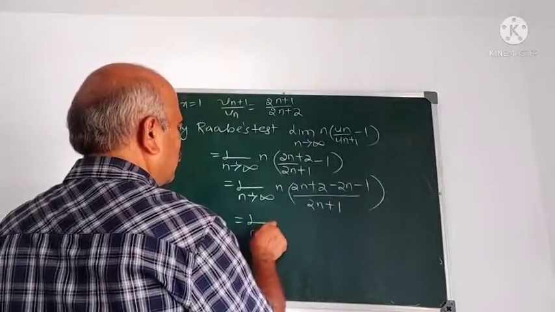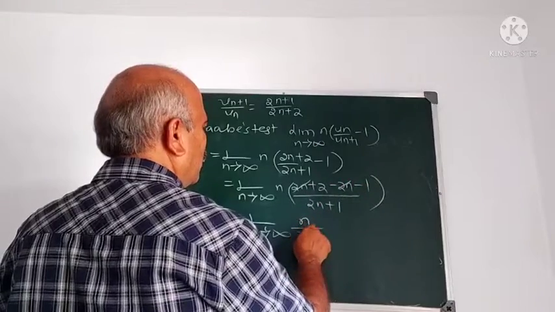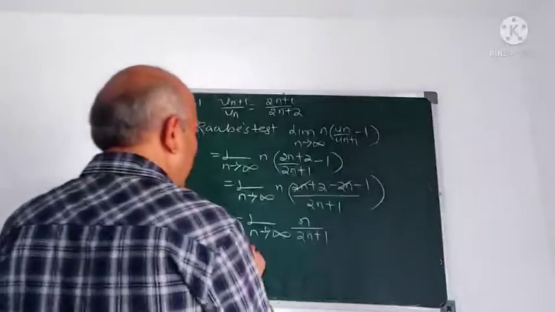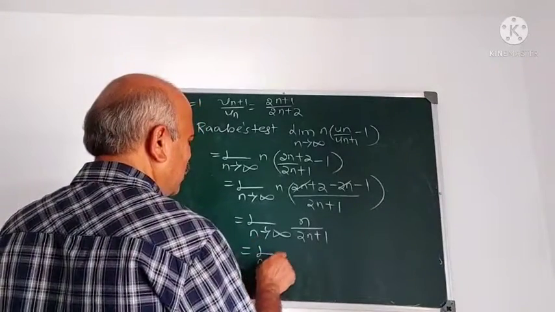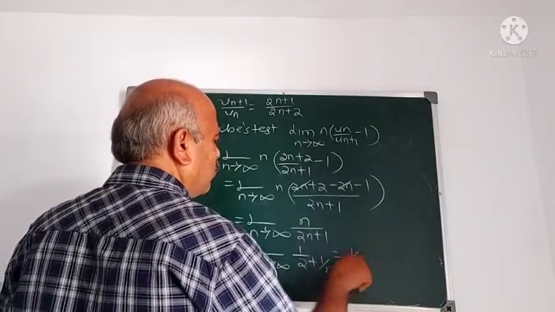Therefore, limit n upon 2n plus 1, which is limit of 1 upon 2 plus 1 by n, which is half.